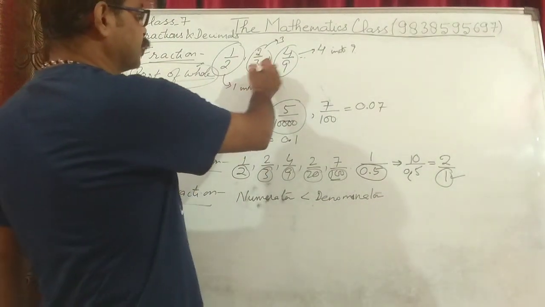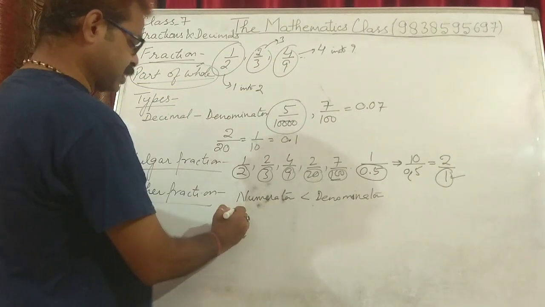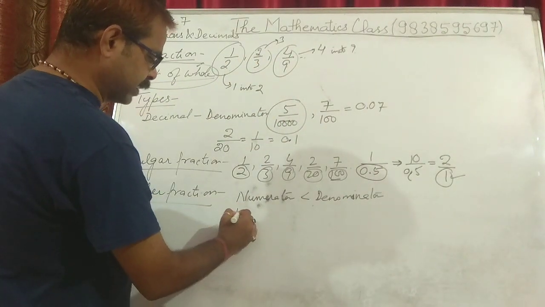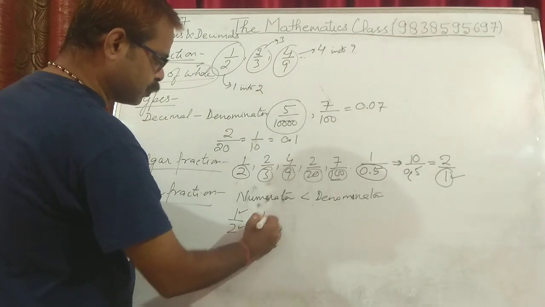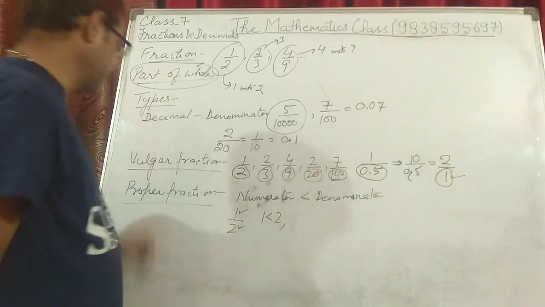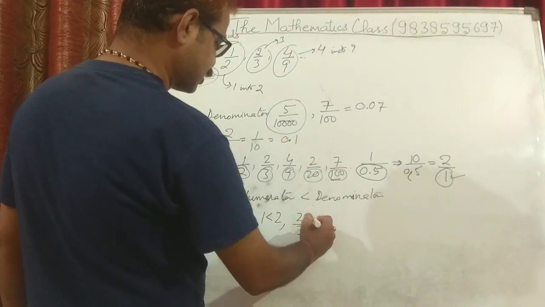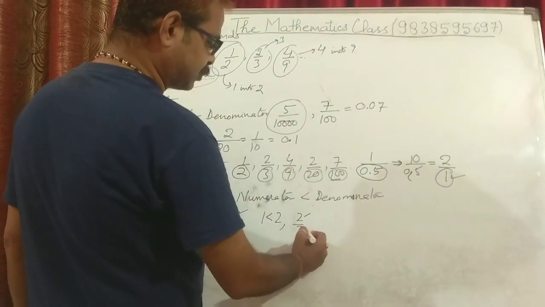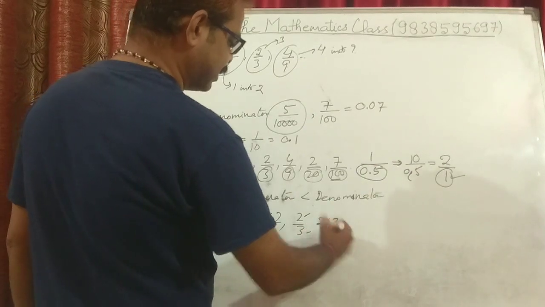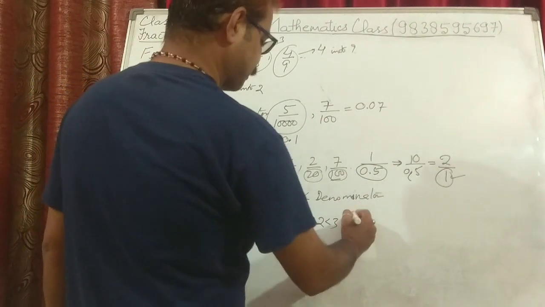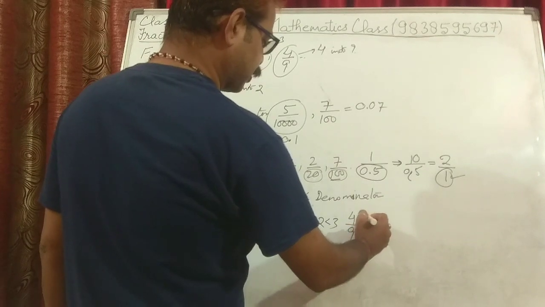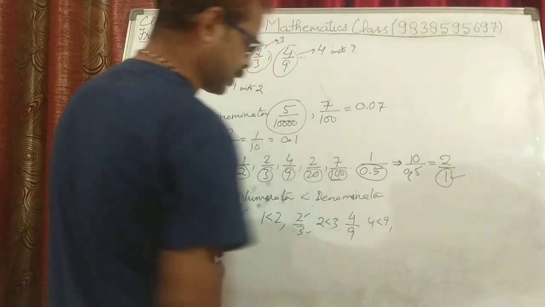Suppose 1 upon 2, 2 upon 3, 4 upon 9. In 1 upon 2 the numerator is 1, denominator is 2. So 1 is less than 2, therefore it is a proper fraction. Suppose I take 2 upon 3, in this 2 is the numerator, 3 is the denominator and 2 is less than 3, so it is a proper fraction. 4 upon 9, 4 is less than 9, proper fraction.